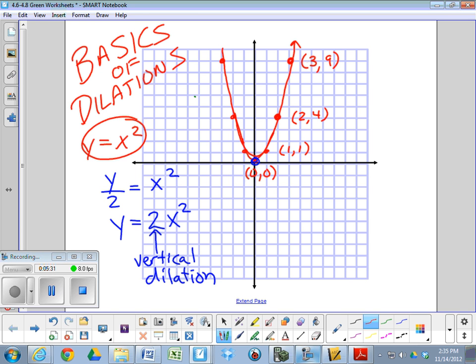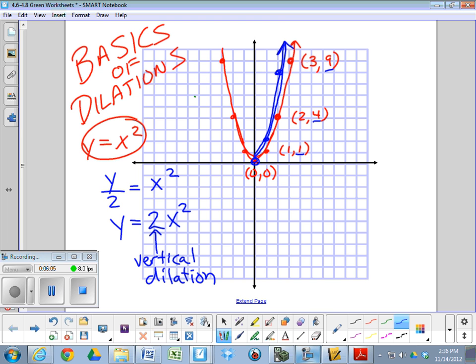They would look the same on the left side, except the x's would be negative. What a vertical dilation of 2 does is it multiplies all of these y's times 2. So 1, 1 would become 1, 2. 2, 4 would be 2, 8. And 3, 9 would be 3, off the screen. What is it? 18. So the parabola gets skinnier and taller because of that dilation.